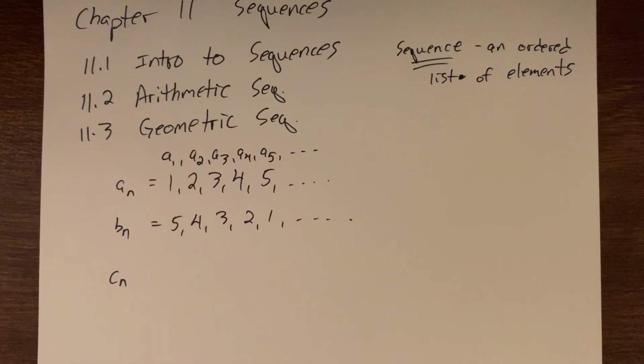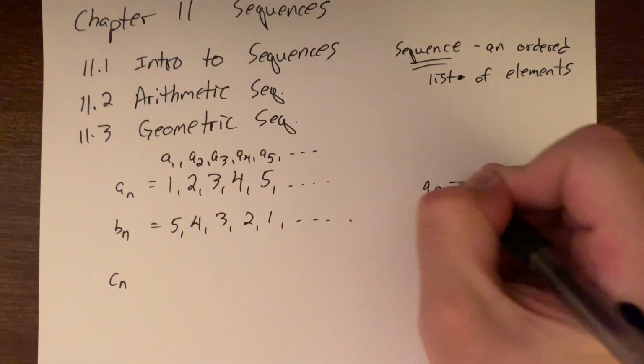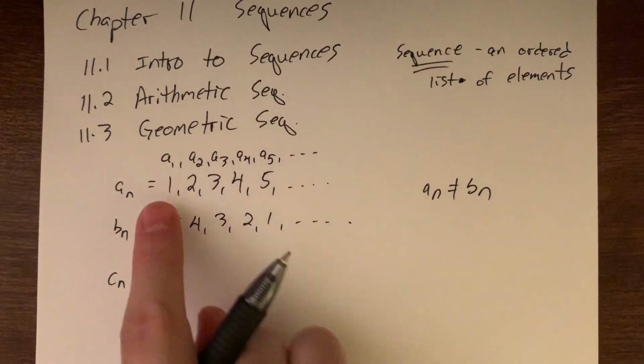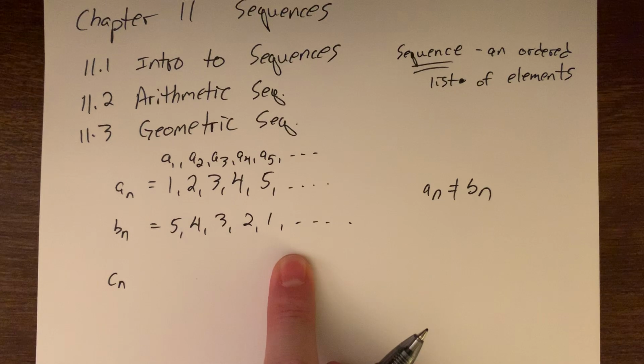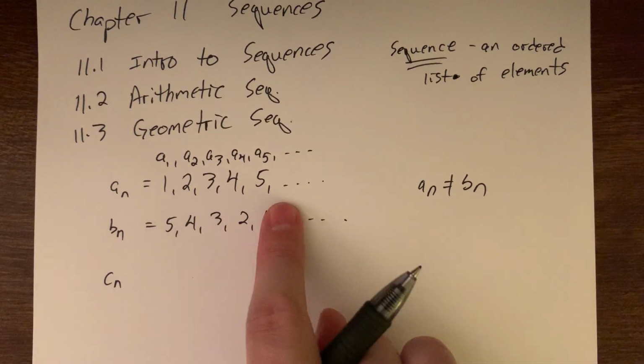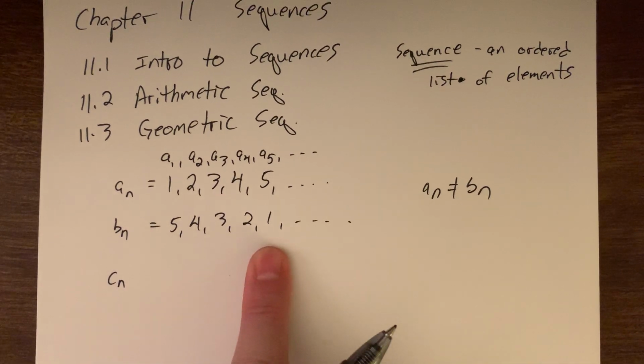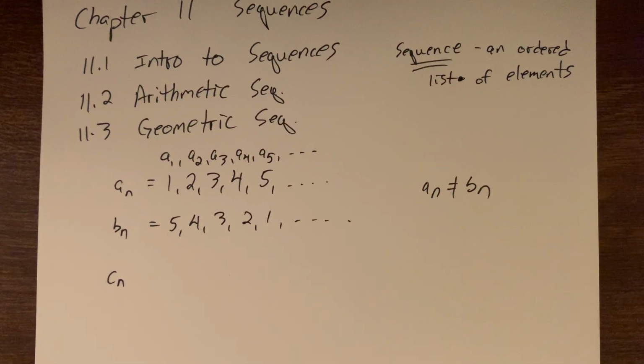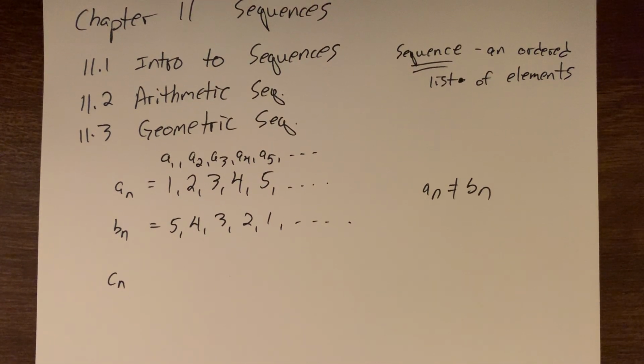But my point for right now is that a sub n does not equal b sub n. If you just purely looked at the numbers, and for those who are familiar with sets, the sets 1, 2, 3, 4, 5, or 5, 4, 3, 2, 1 are the same. But as sequences, it's not just having the same elements. It's not just having the same values.